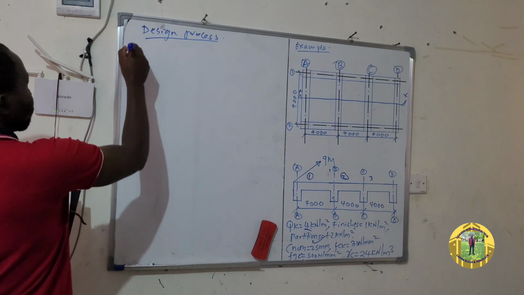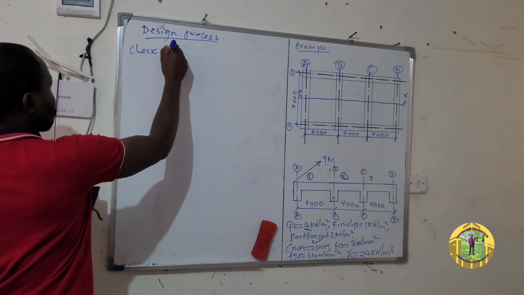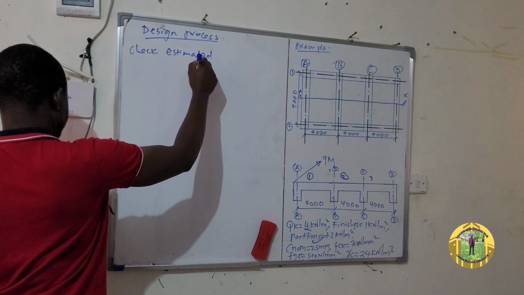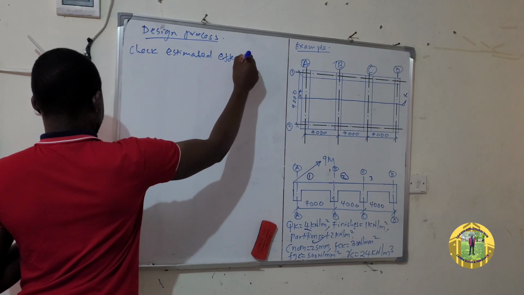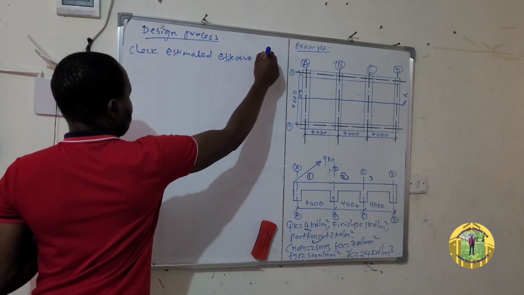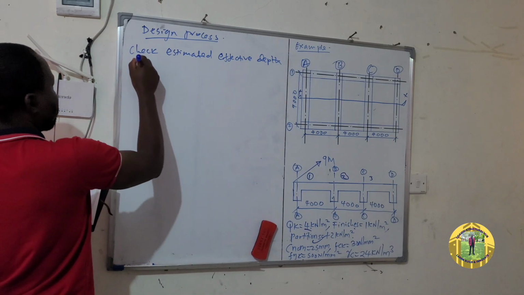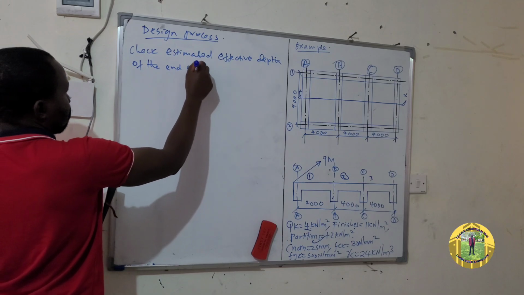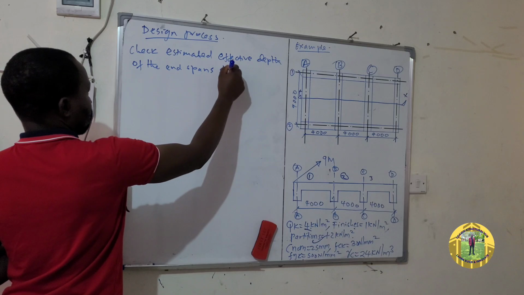So we'll say check estimated effective depth of the end span slab.